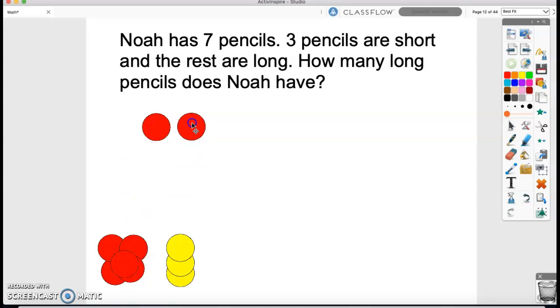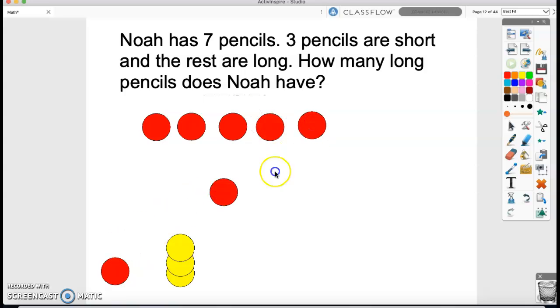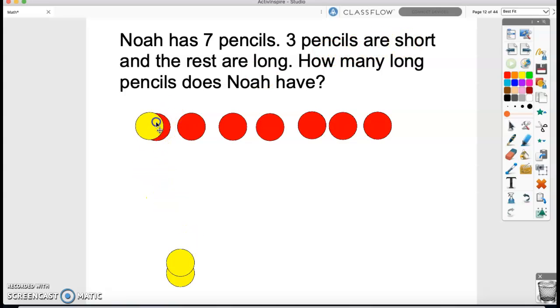1, 2, 3, 4, 5, 6, 7. It also says 3 pencils are short. So I know 1, 2, 3 pencils are short, and the rest are long.